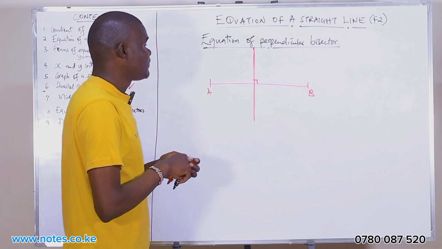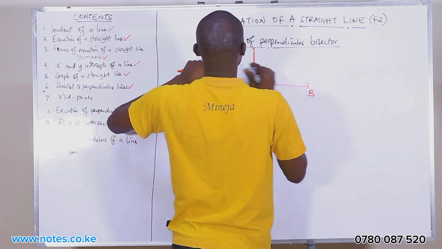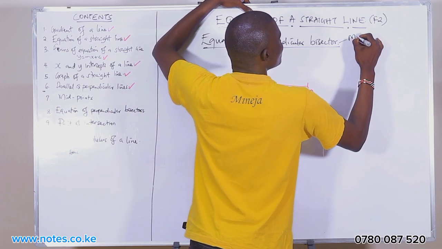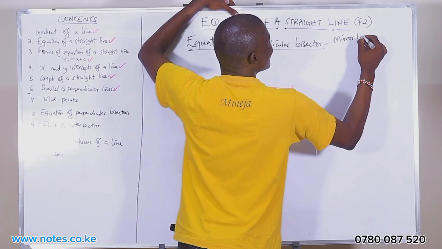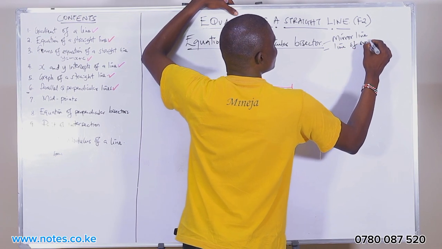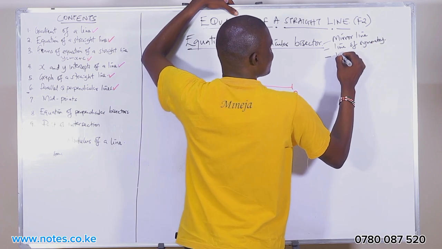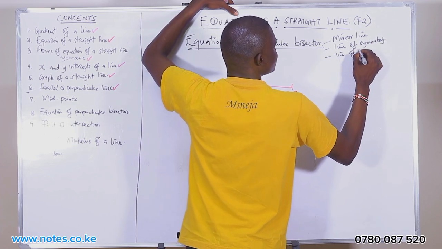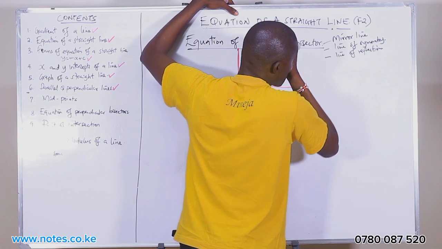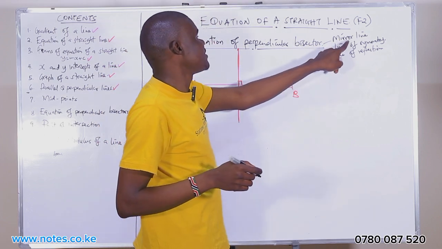What is important that you must know is that in the exam this comes in many ways. They can tell you to get the equation of the perpendicular bisector or the equation of the mirror line. We also call it the line of symmetry. We also call it the line of reflection.